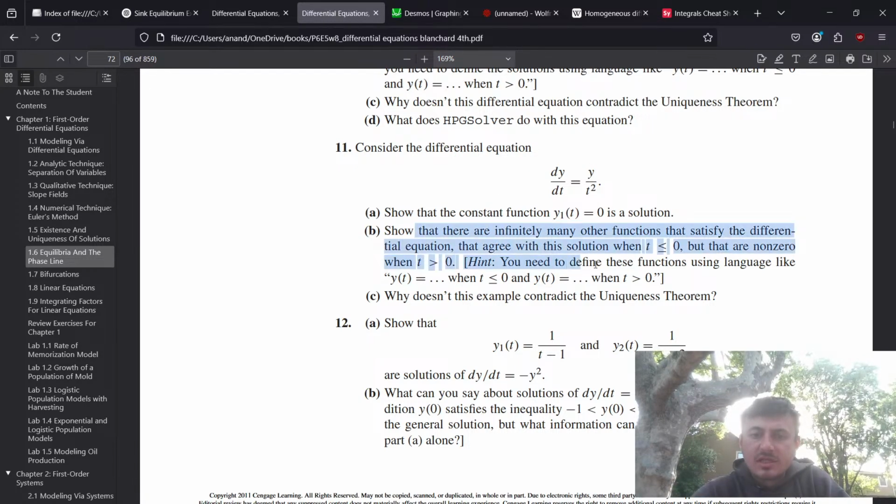These ones. I didn't understand these at all. Why doesn't this contradict the uniqueness theorem?